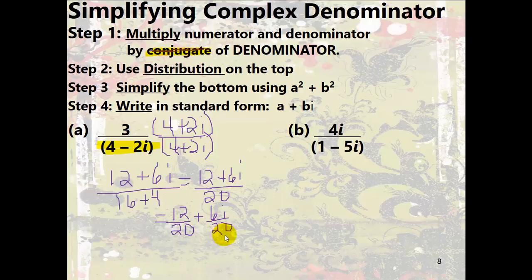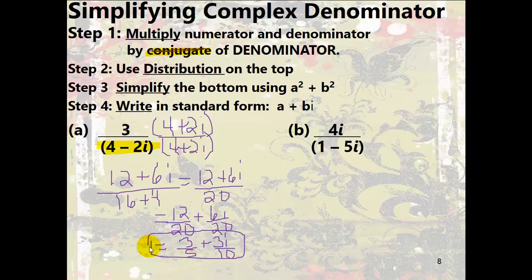I'm going to reduce each of those fractions, and that's going to give me 3/5 plus 3i over 10. And then we're done.